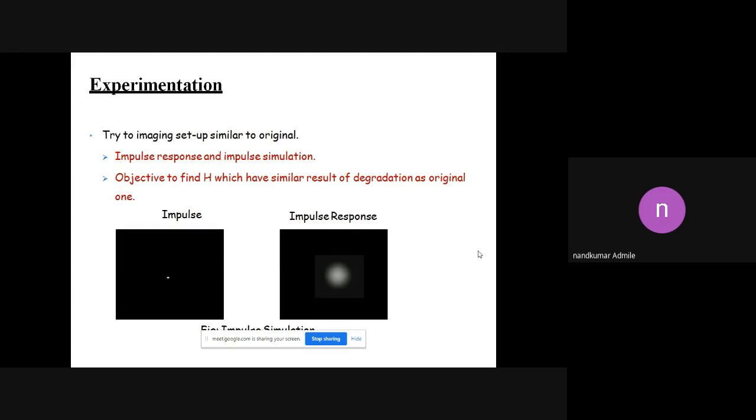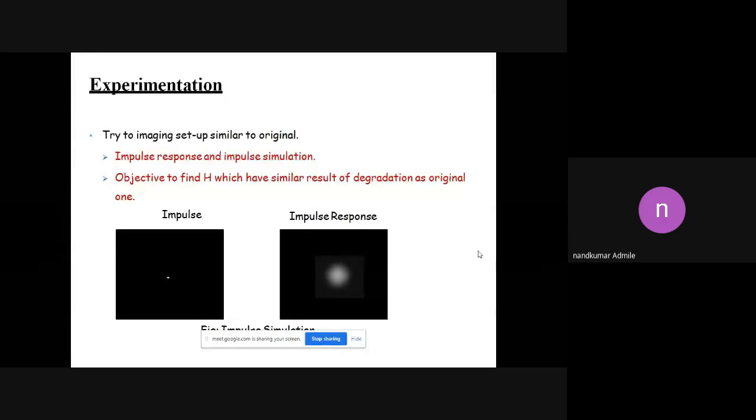For that we have to estimate the impulse response. We simulate the particular image, and after simulating it we can find the impulse response. If we observe the second figure, we can easily identify a change in the brightness of the small white dot. That is referred to as the impulse response.